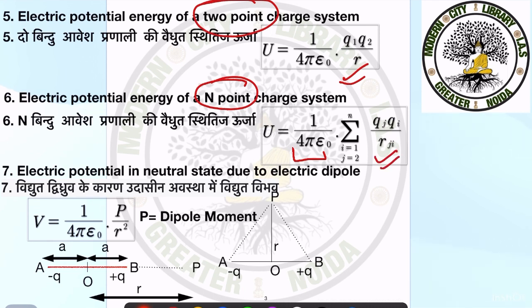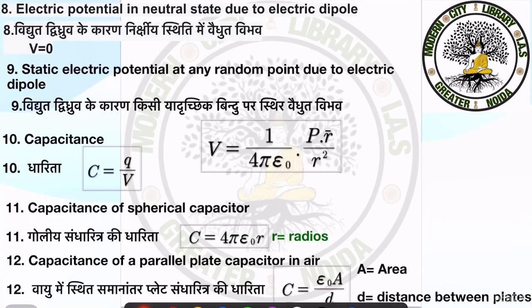Okay. Then next is electric potential in the neutral state due to the electric dipole. What will be the electric potential? V equal to 1 upon 4 pi epsilon naught into P over R square, where P is the dipole moment. If the point P is normal to the axis, the electric potential due to the electric dipole is V equal to 0.